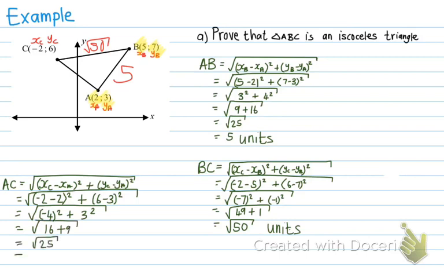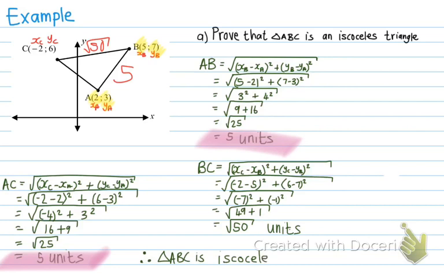The square root of 25 is 5 units. Aha! Now I can clearly see that AB and AC both give me 5 units. So triangle ABC is isosceles because AB is equal to AC.